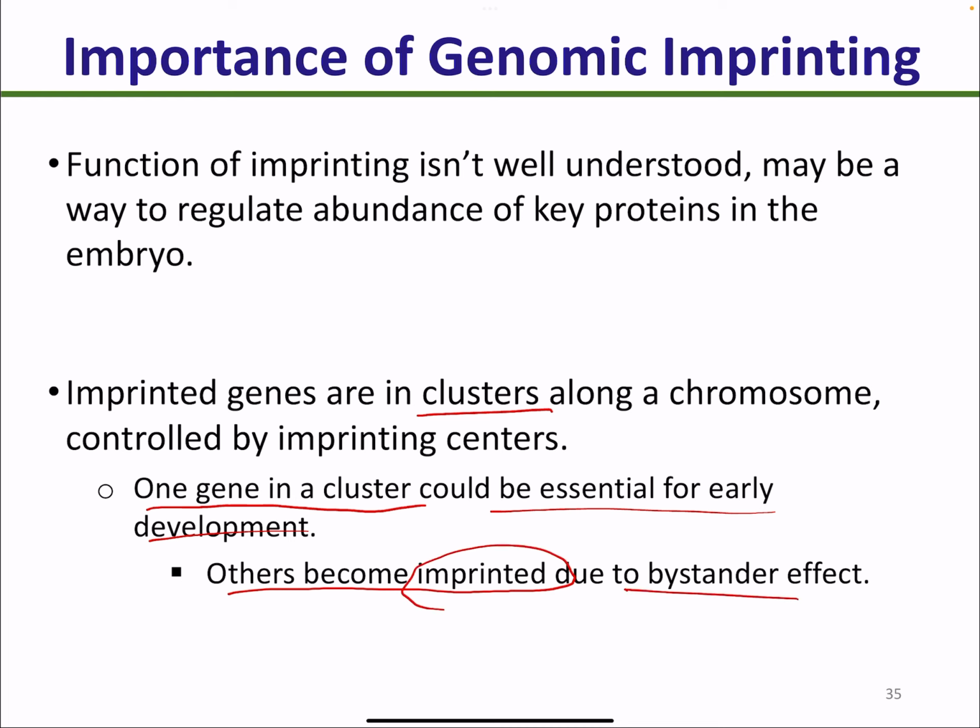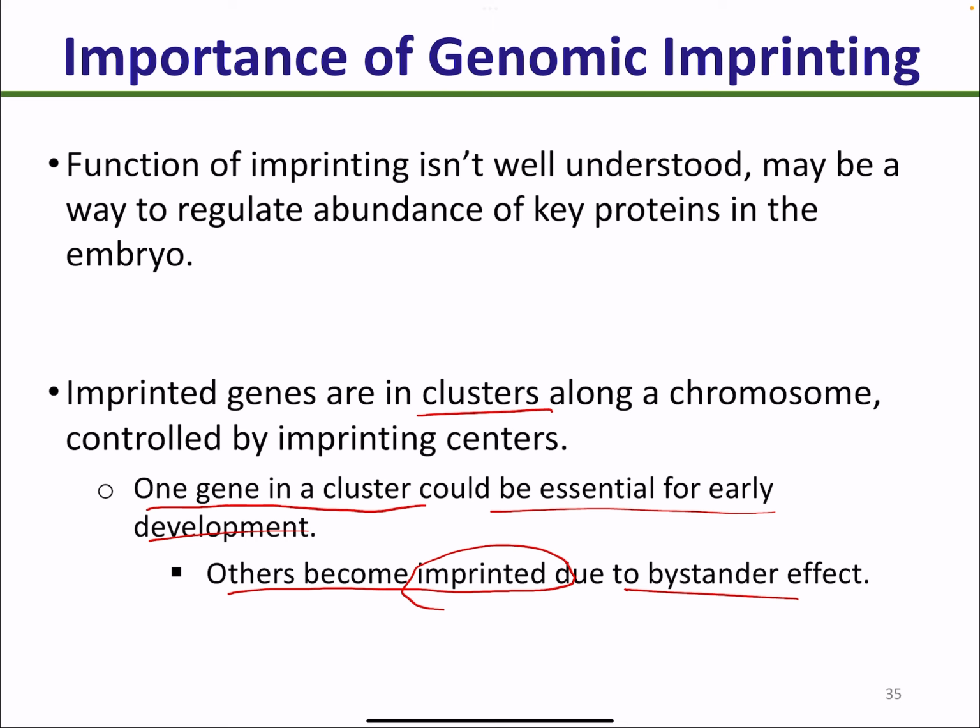These genes technically are not imprinted, but because they are in a cluster, they cannot be expressed because of that cluster of imprinting, right? Maybe, for instance, in the middle of it, right? So most of the genes that are all around are not going to be expressed, and by virtue of being in the middle of all these genes that are not going to be expressed, that gene also is not going to be expressed.